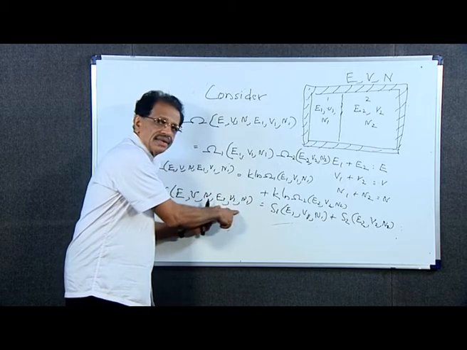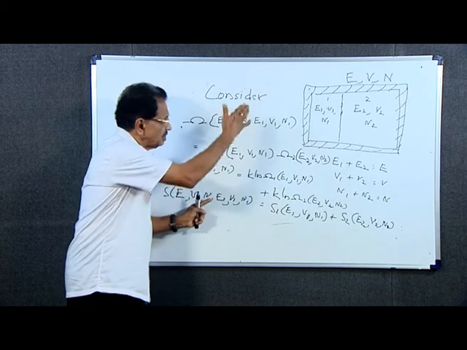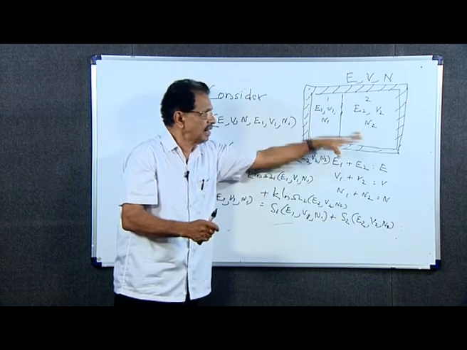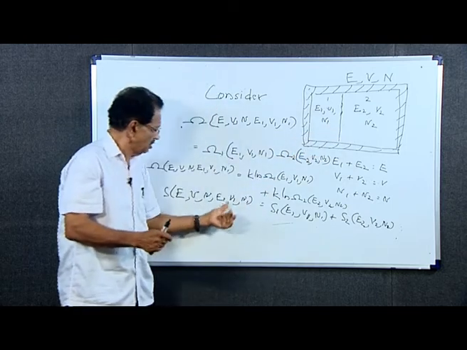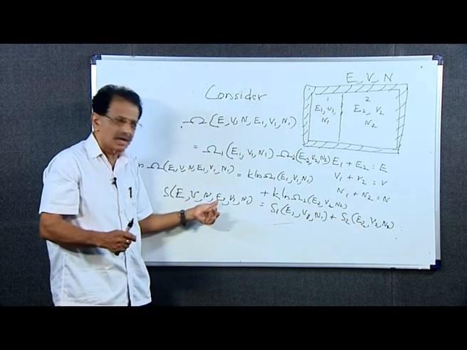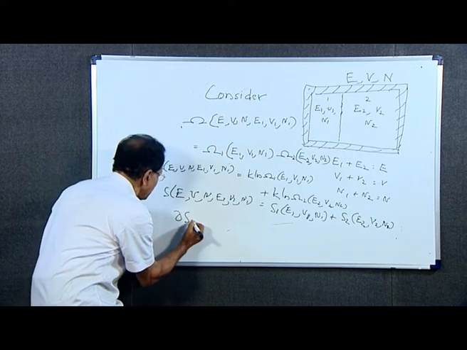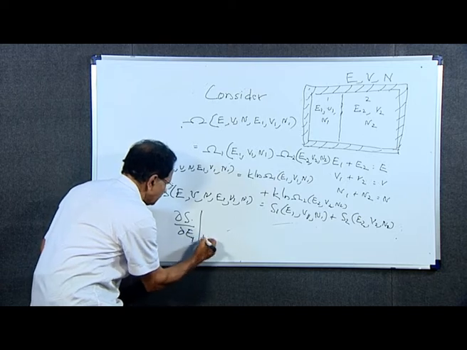If you are saying that energy is exchanged, E1 changes. Suppose, without changing the volume of region 1 and region 2, and without exchanging particles from region 1 to region 2, keeping these two constant and only allowing energy to exchange, entropy is maximized with respect to E1, keeping V1 and N1 constant.